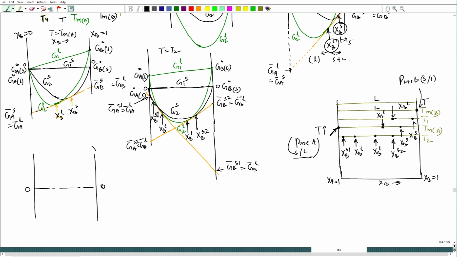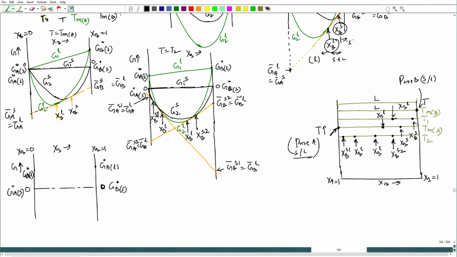This is XB equal to 0, XB equal to 1. Please put that this is a G versus composition plot, and XB is varying this way. This is G B naught solid. Now this gap would extend, G B naught liquid, and here also the gap will extend, G A naught liquid, this is G A naught solid. Those will be taken as 0 values.